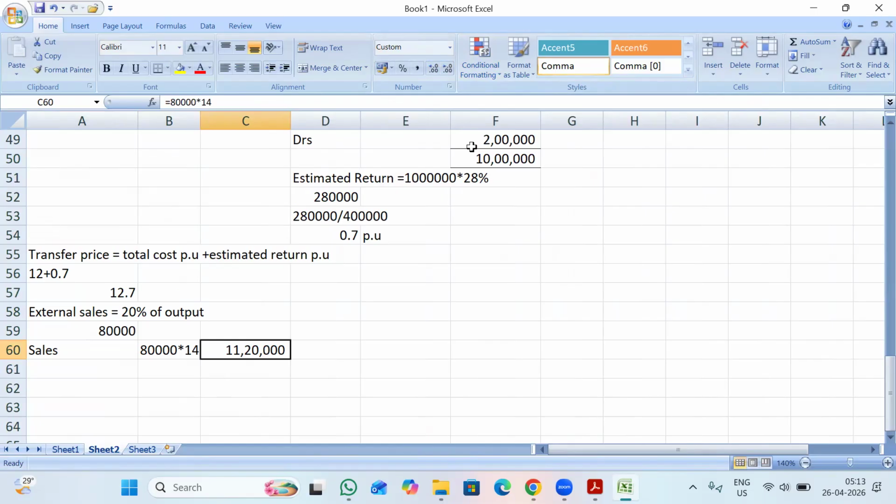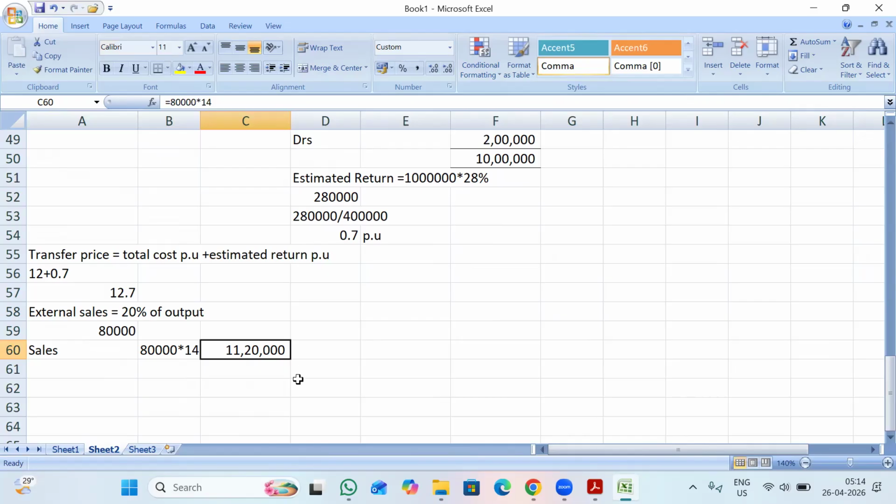So here, because of this external sales, my transfer price may be reduced because I will be getting some profit here itself, and I can adjust it in my external sales, right? So here I need to calculate my overall profit, that is 2,80,000.